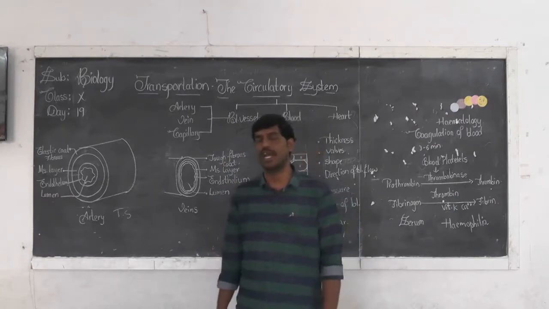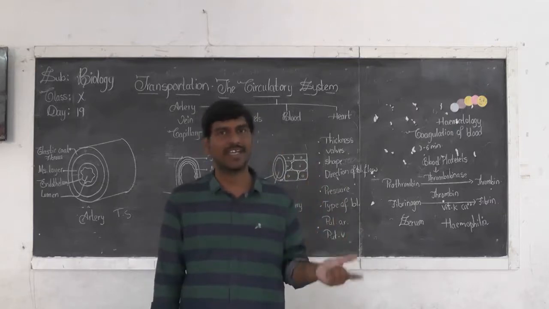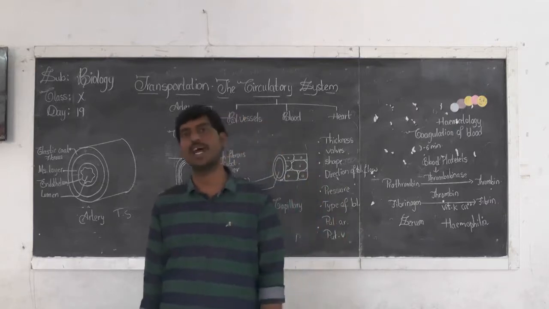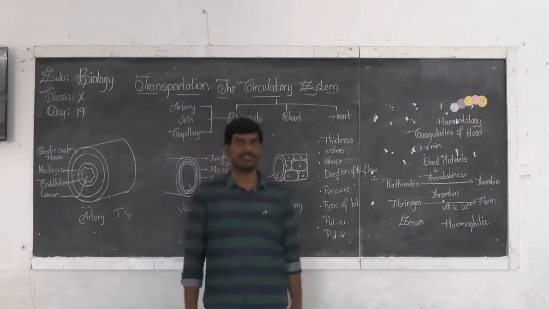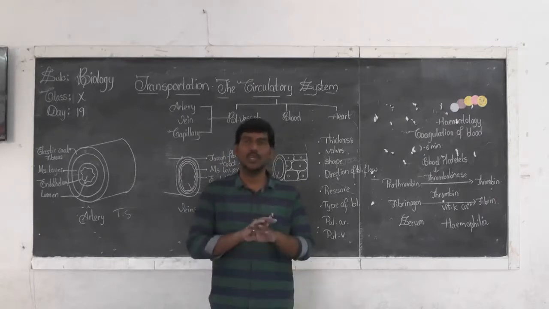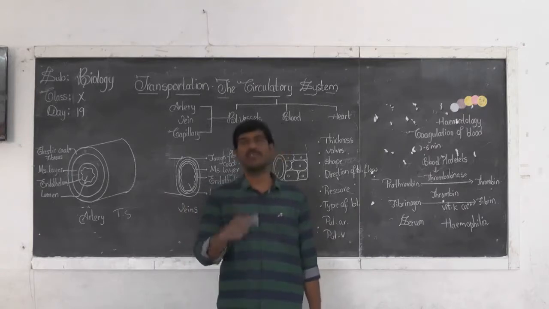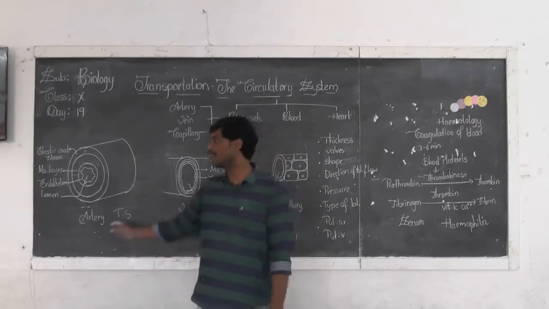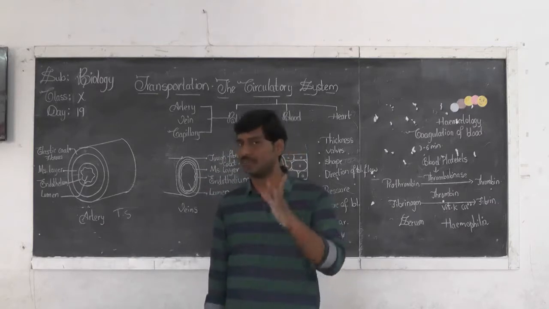Arteries, right? I hope you remember that the pulmonary artery carries blood away from the heart, towards the lungs, whereas the systemic artery carries blood towards the whole body. So it is also taking the blood away from the heart. So arteries are the blood vessels which carry blood away from the heart.